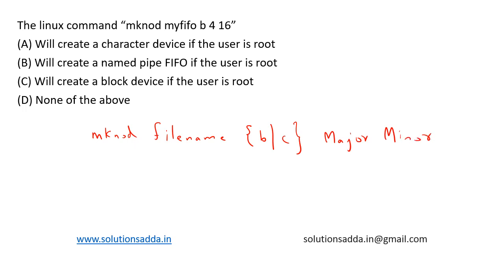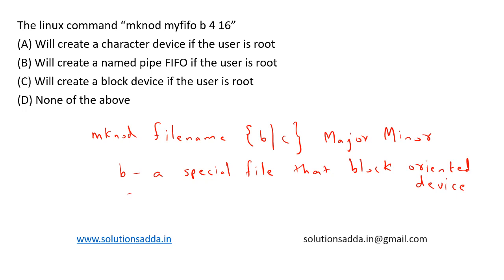So b indicates that the special file is a block oriented device. Whereas c denotes that the special file is a character oriented device.